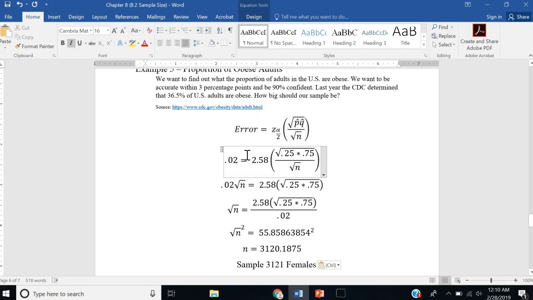The error in this case, I want to be within 3 percentage points. So the error is going to be 0.03. That's one of the things you have to pay really close attention to. A lot of people will put the number 3 there and get that incorrect. Make sure you put 0.03 because we're dealing with proportions. Now 90% confident, flip back to our table, 1.64 is our z-value when we are 90% confident. 36.5% in a previous study.